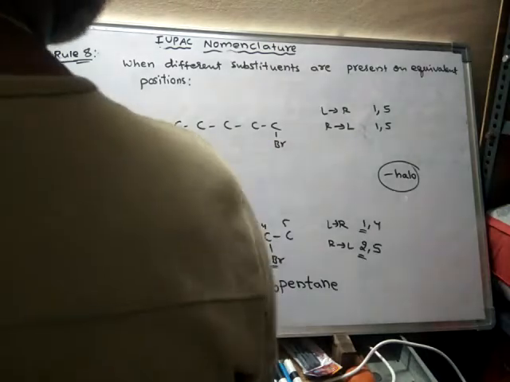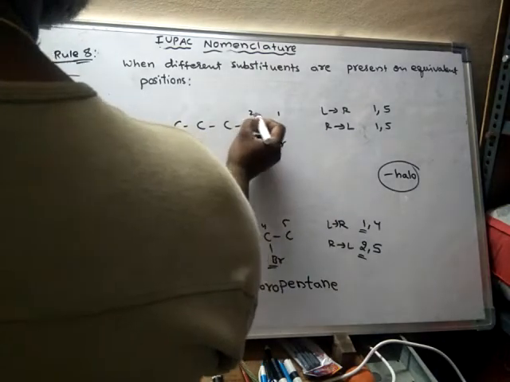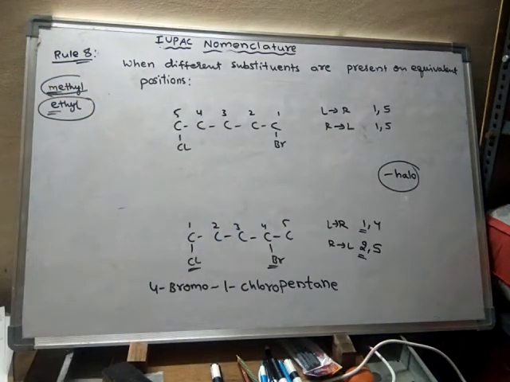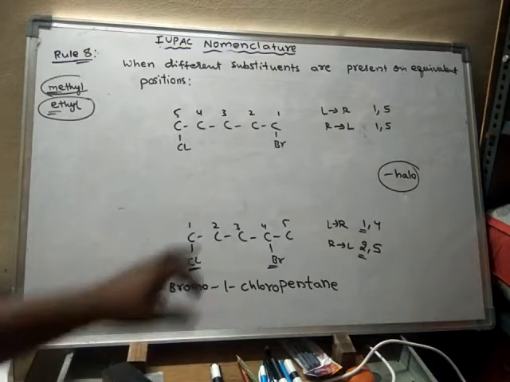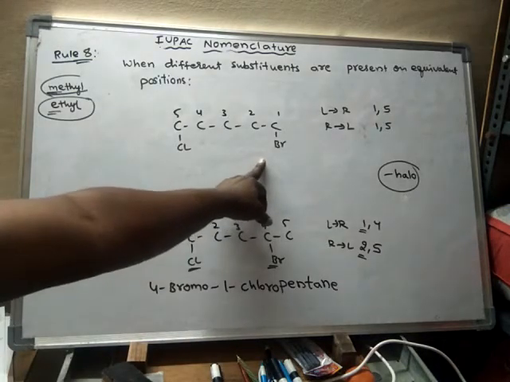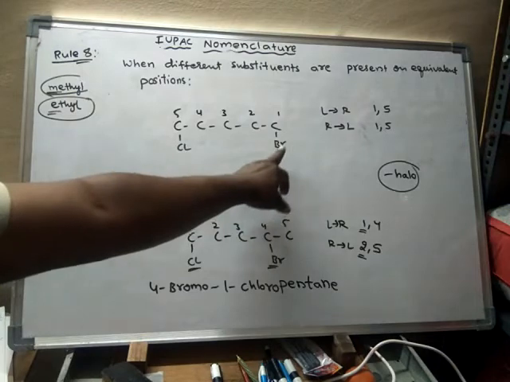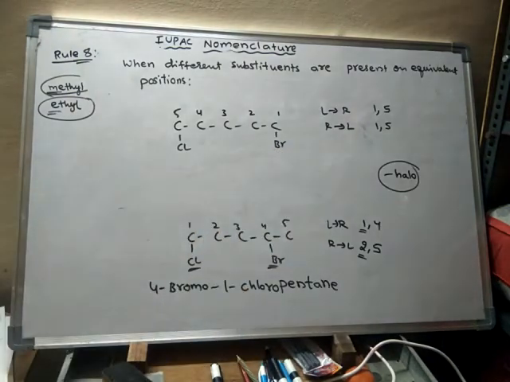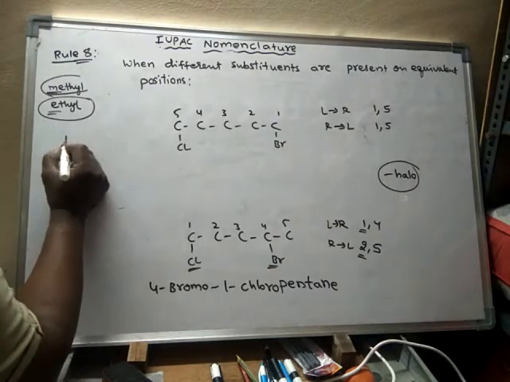So in which direction do we have to give numbering? 1, 2, 3, 4, 5. Numbering is done in the way that the group which comes first in the alphabetical order, bromo, chloro, so bromo comes first and gets the lowest numbering.